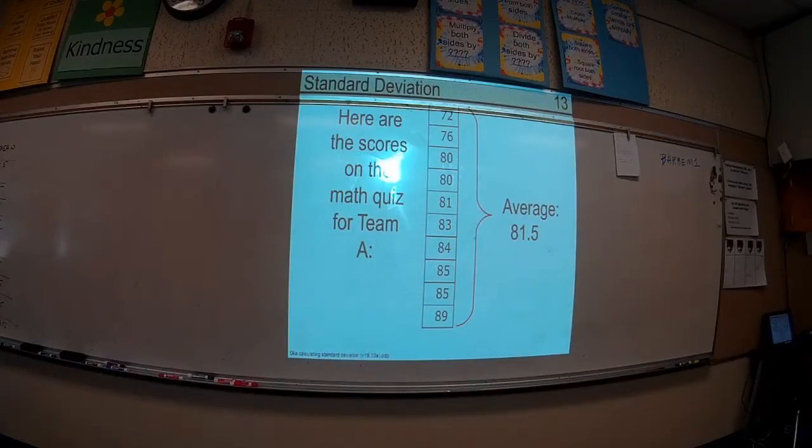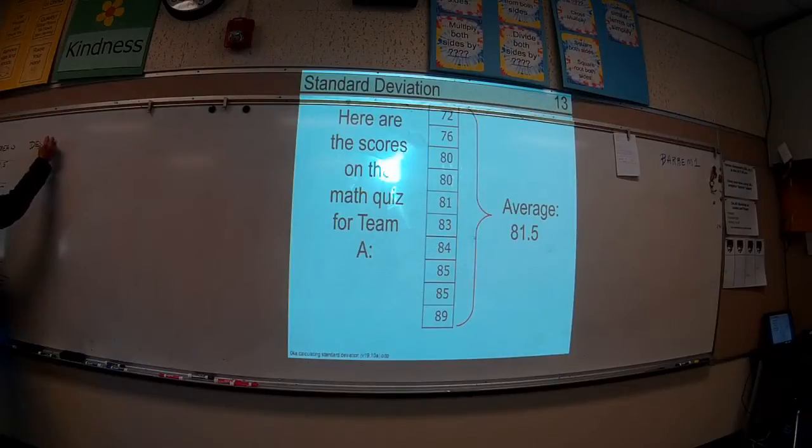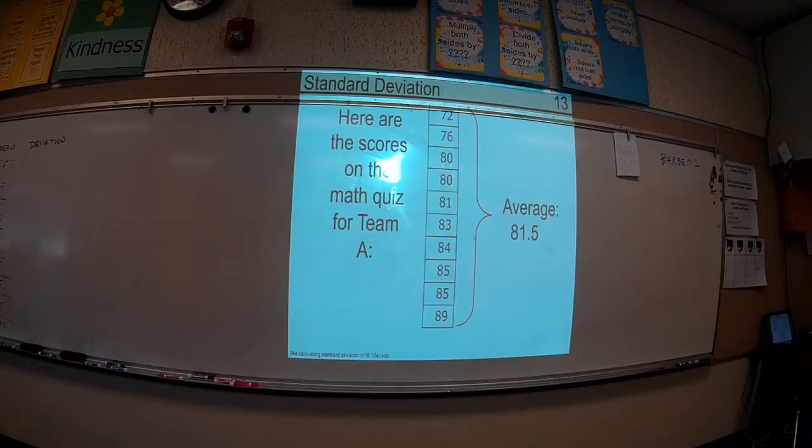I think we're going to need probably a total of 4 or 5 columns. Mean, deviation. Deviation. What does it mean in any context?